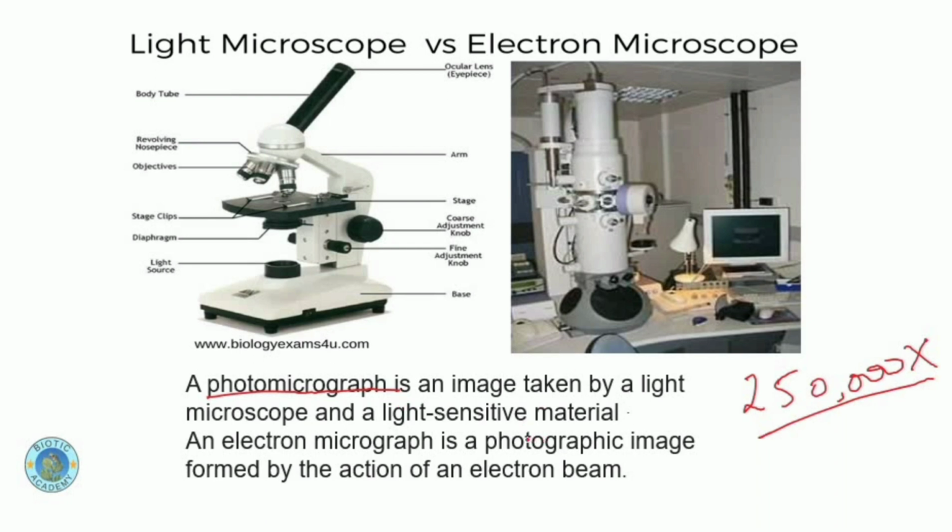But if a picture of any specimen is taken while observing it under the electron microscope, it is called an electron micrograph. These are the terms you must have seen in your syllabus, photomicrograph and electron micrograph, and these are the differences between them.